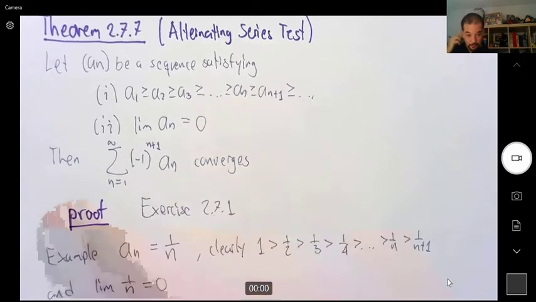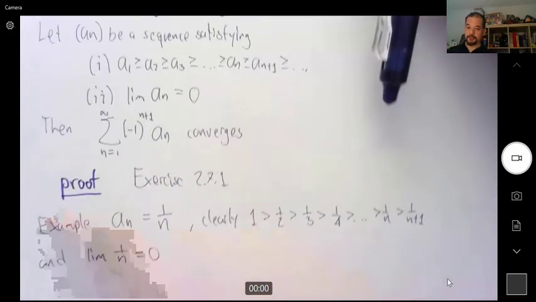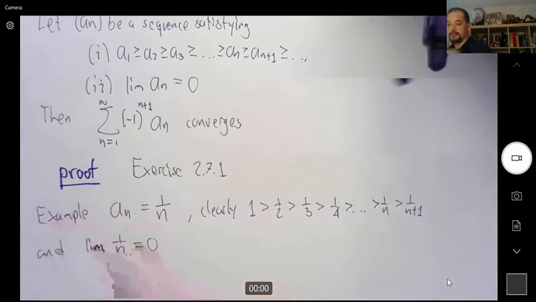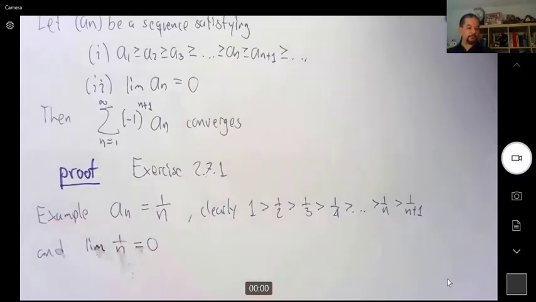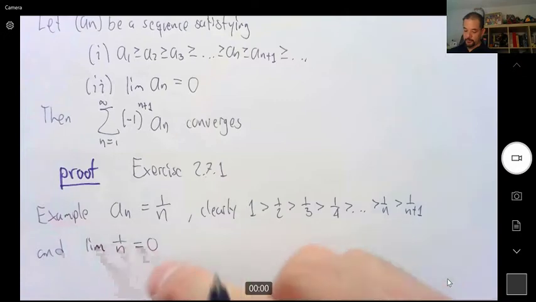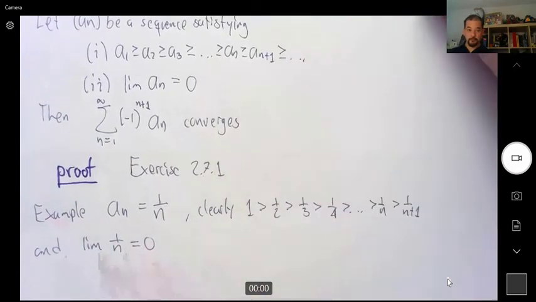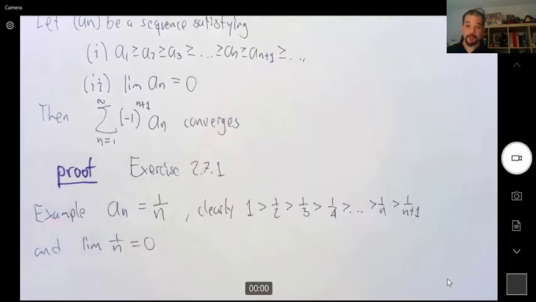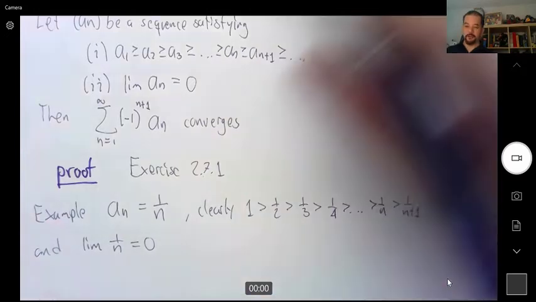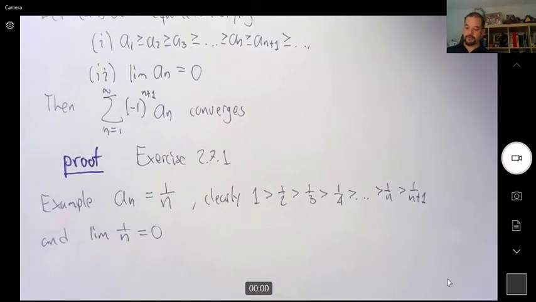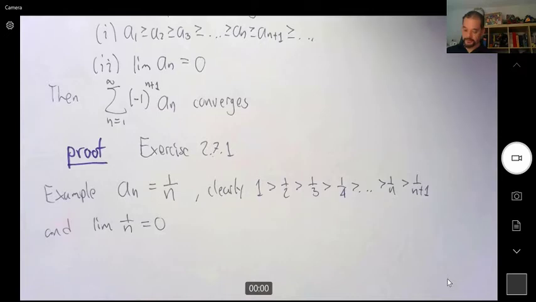It was probably one of the first examples we did when we started talking about sequences. So we satisfy these two properties. Therefore, the alternating series converges. And we know that already. We saw that in calculus several times. It's called the alternating harmonic series.